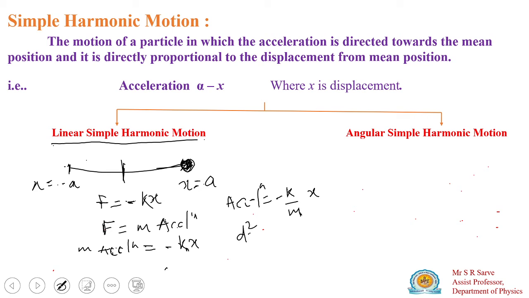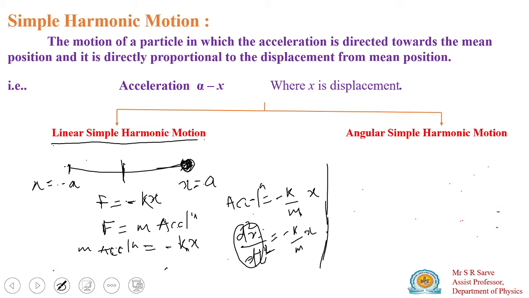Acceleration is given by d square x divided by dt square. So d square x by dt square is equal to minus k by m into x. This is the equation for linear simple harmonic motion.